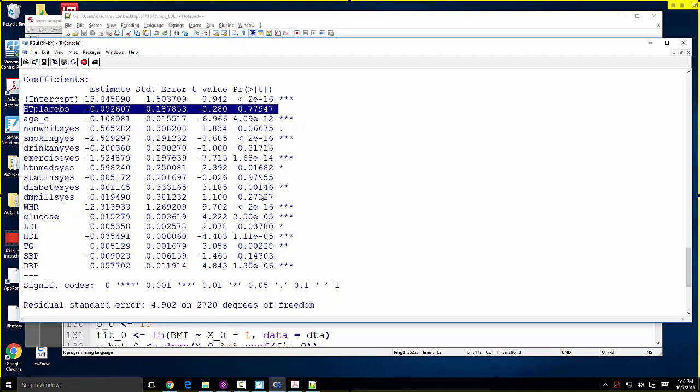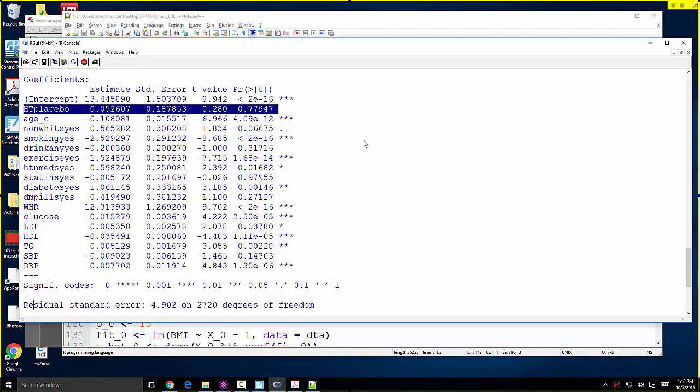What does it mean to say adjusting for these other things? When we put covariates into a model alongside some variable of interest, what we're essentially doing is assessing the treatment effect within groups that are similar on all those covariates.